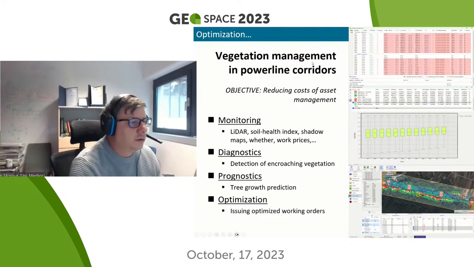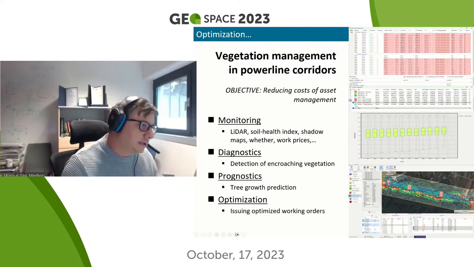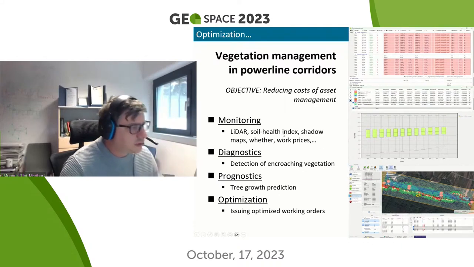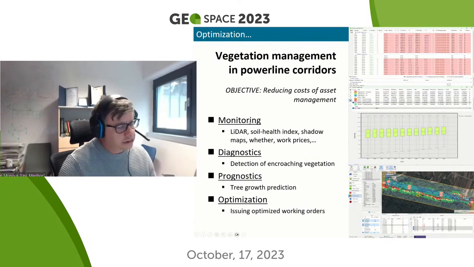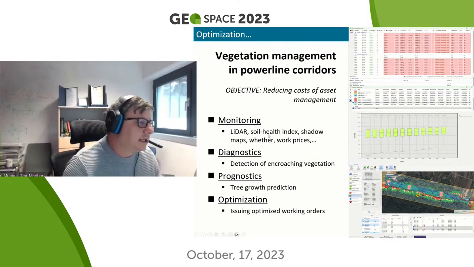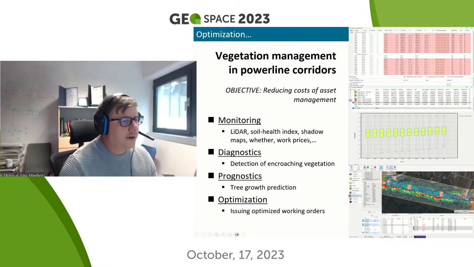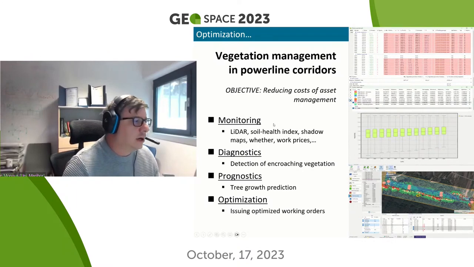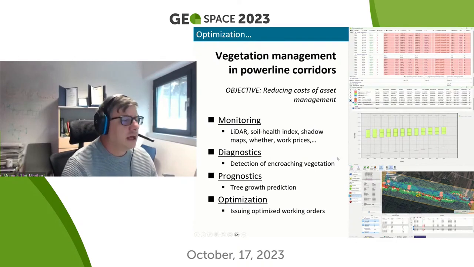then, for example, we have also developed a vegetation management system, which essentially deals with LiDAR data. We also integrate soil height status, shadow maps, weather predictions, work prices, and so on. But essentially, when somebody with a drone or airplane flies over the power transmission lines, it gathers 3D data about the vegetation and stuff like that.